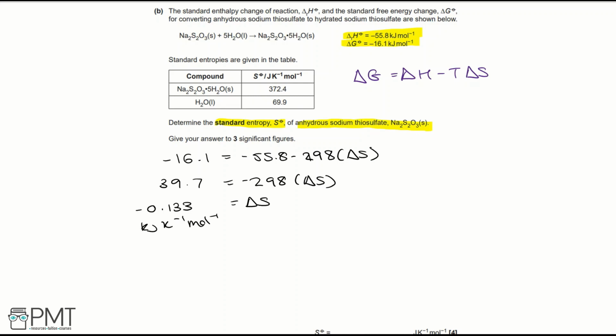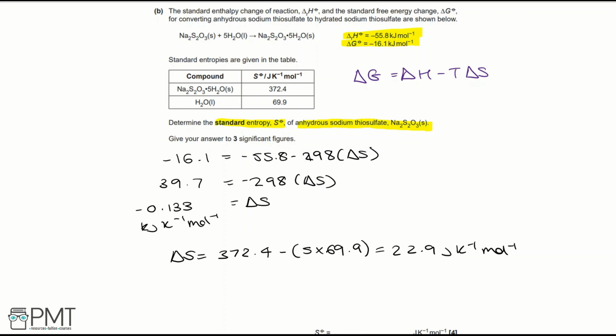So what we need to do is delta S equals, and we work out the entropy change for the hydrated sodium thiosulfate, so that's our reactants minus our products, so that would be 372.5 minus 5 times 69.9, and that equals 22.9 joules per Kelvin per mole.